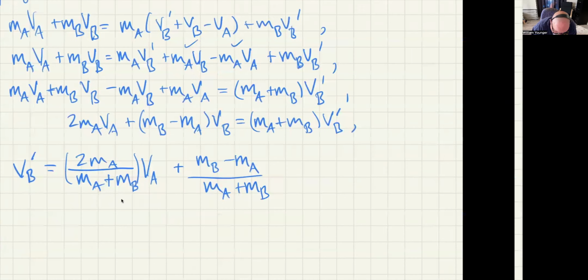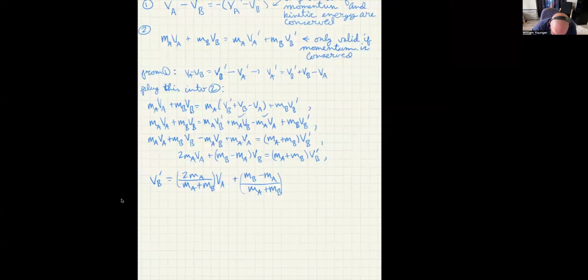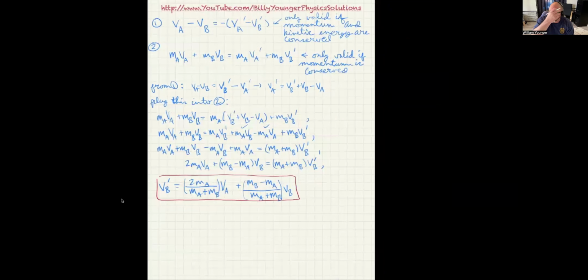So I've got MB minus MA over MA plus MB, and then all of that, of course, is just times VB. So this is, in fact, the general solution for the target particle's velocity after the collision in a one-dimensional elastic collision that conserves both kinetic energy, of course, and momentum.